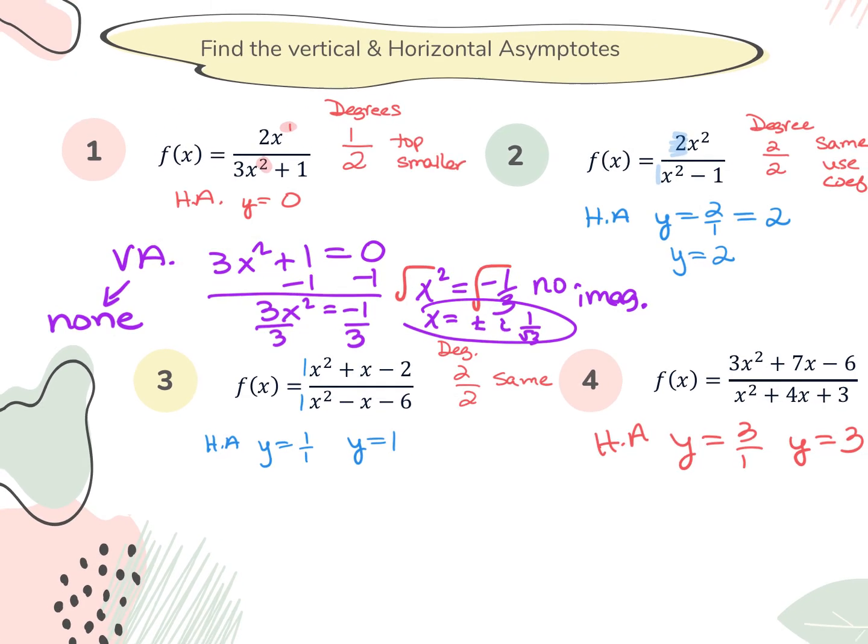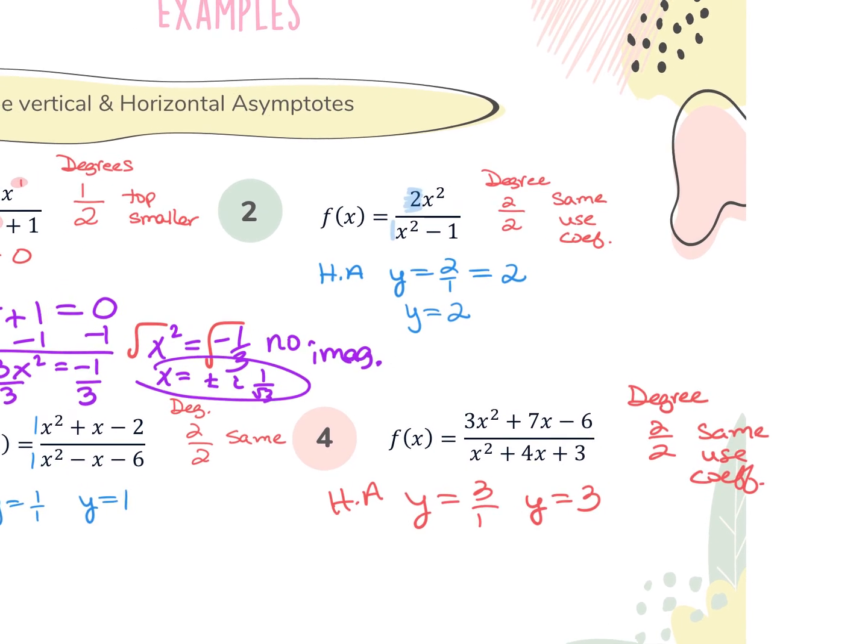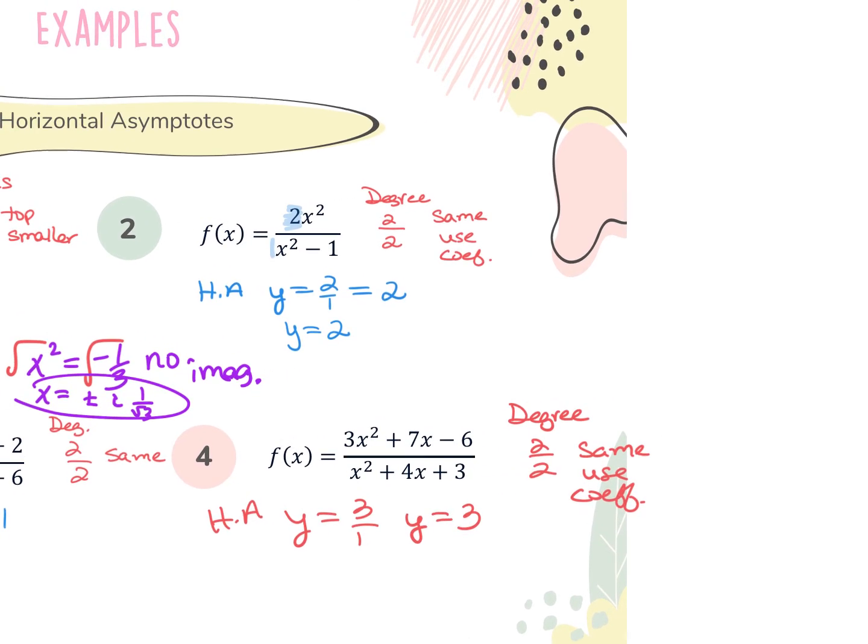Let's try the next one. Now, remember back when we simplified rational functions, 2x squared over x squared minus 1, I can't simplify the x squareds here. So this is already simplified. I can actually factor the denominator, but I don't have to.